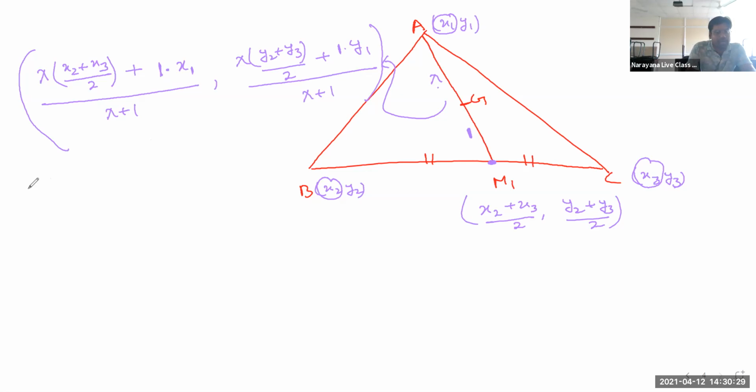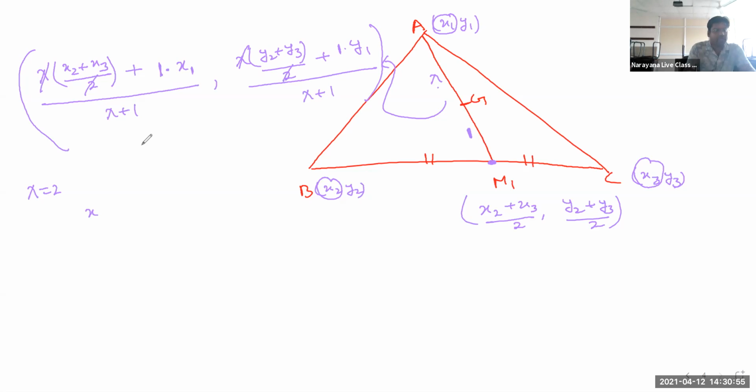So if you take lambda equals to 2, then check what we will get. Then the 2 gets cancelled. Now we are going to take the value of lambda as 2, so this lambda will get cancelled with 2.